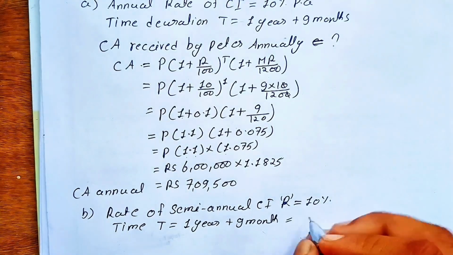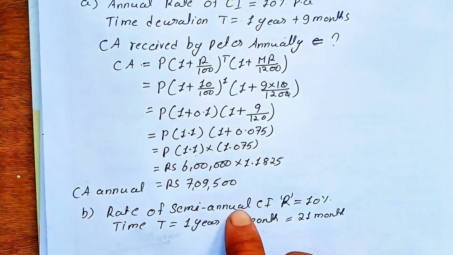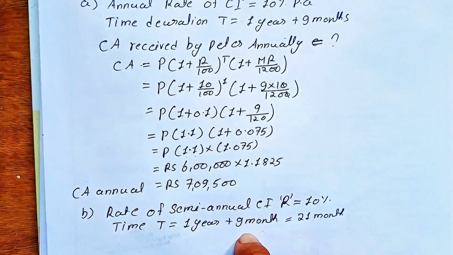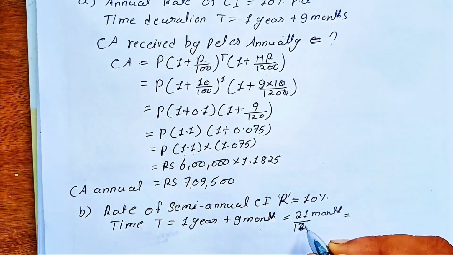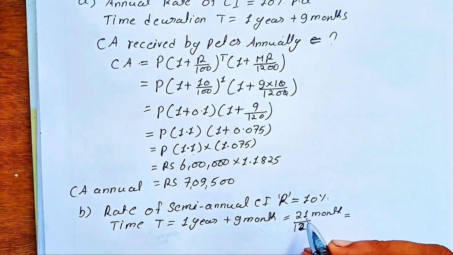So in 1 year and 9 months the compounding is being 3 times semi-annually, and 3 months extra remain for compounding. Here in 1 year and 9 months the compounding is exactly up to 18 months 3 times.